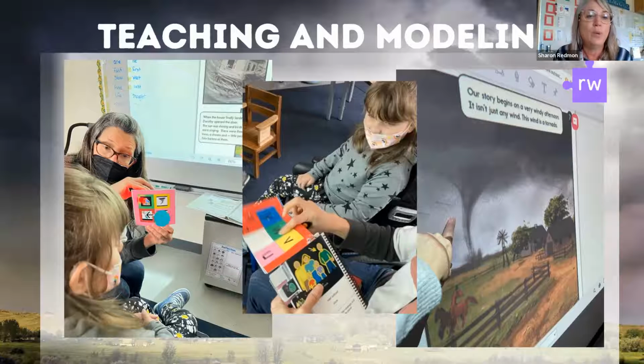So what we did is we went ahead and made some of these where we brought in some of the language that our other students were talking about. We were looking at tornado, we were looking at the word house, that vocabulary, and building that up. We built a tornado.